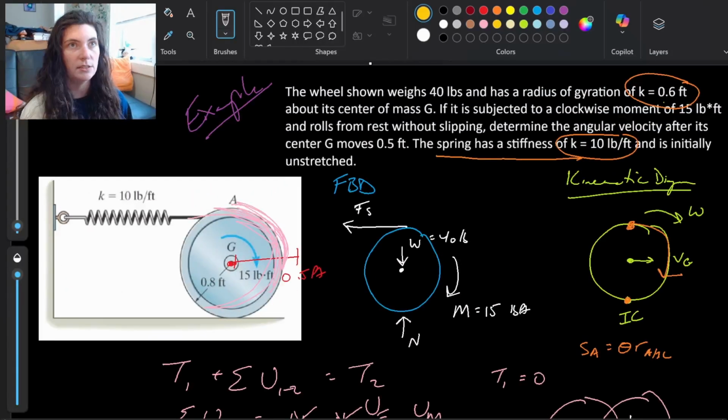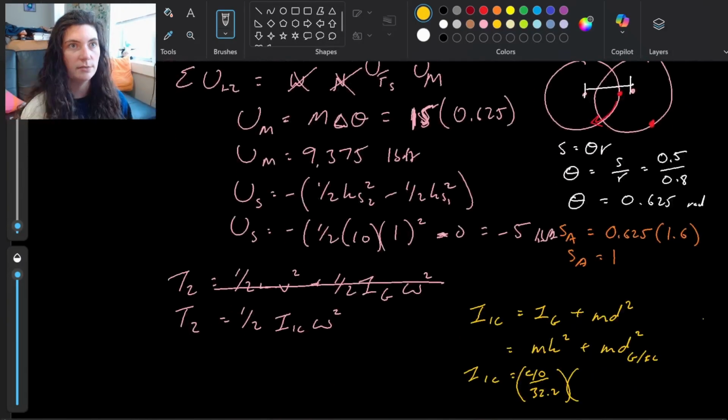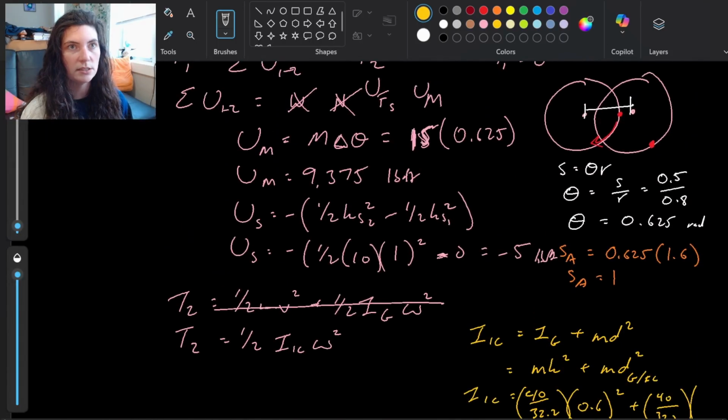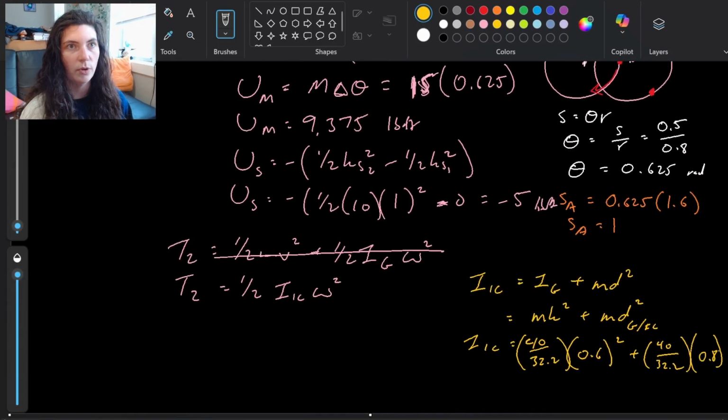They gave us that radius of gyration here, 0.6 feet. Square that, plus the mass again, 40 over 32.2, times the distance between G and IC. G is at the center, IC is at the bottom, so that distance is just the radius, 0.8. 0.8 squared. And that gives me a value of 1.24 slug feet squared.